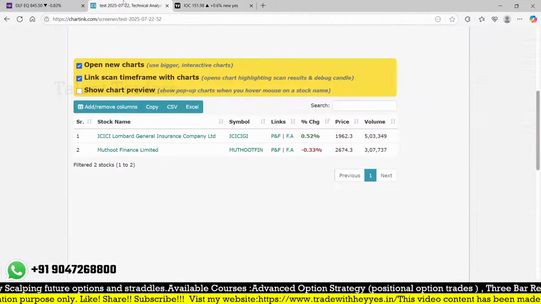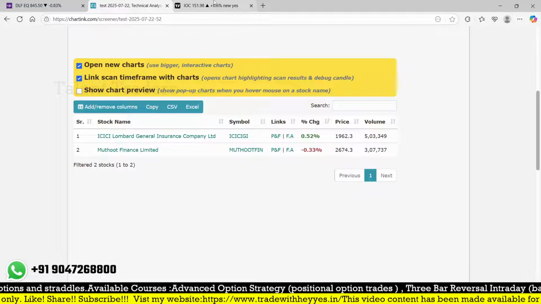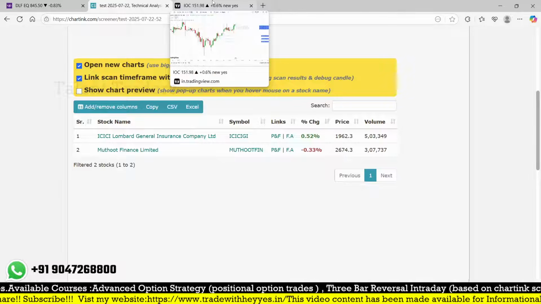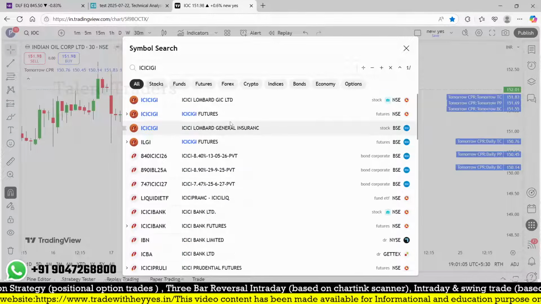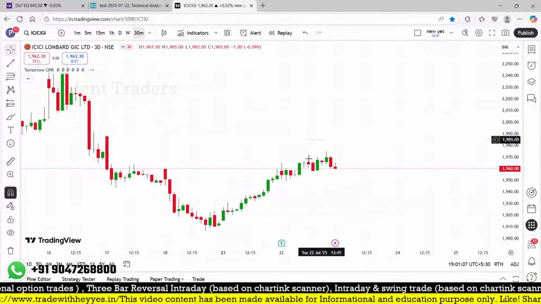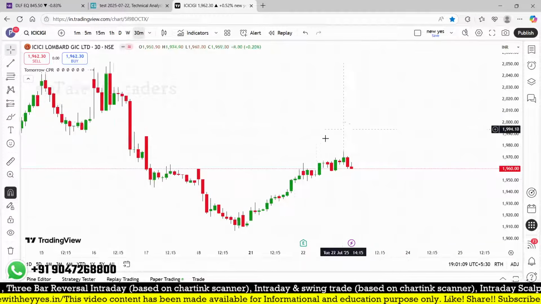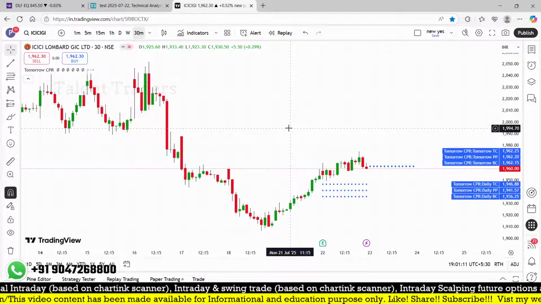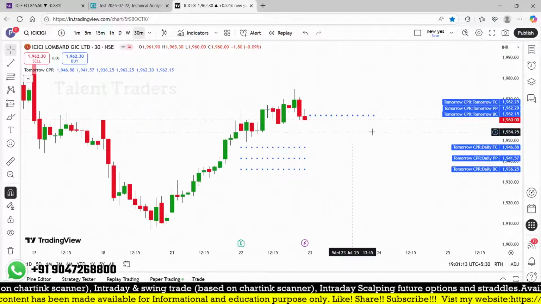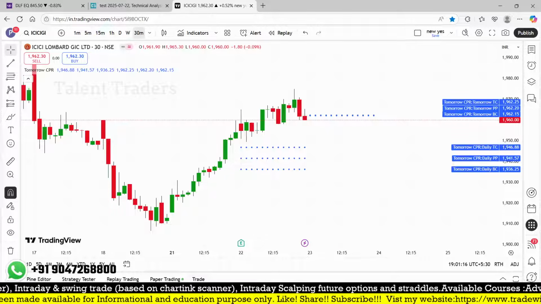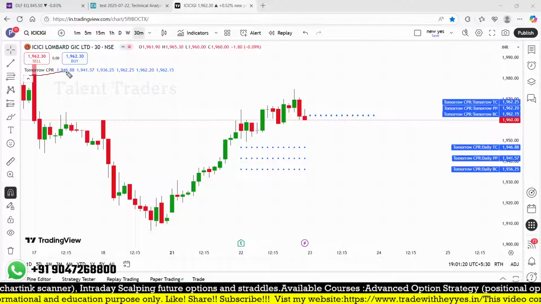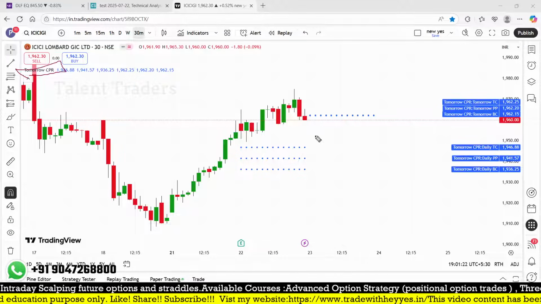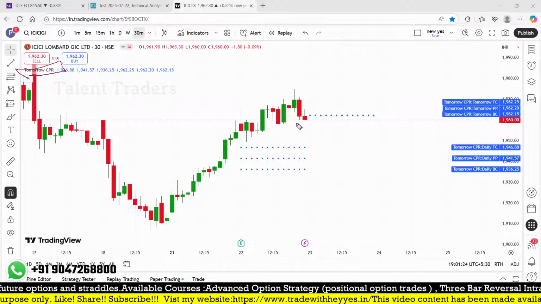So let me check with our scanner whether it is performing right or wrong. ICICI General Insurance. Let me plot tomorrow's level. Yeah, you can see all the dotted lines are very close. So you can see the values of this code, tomorrow CPR, look exactly good and you may use it.